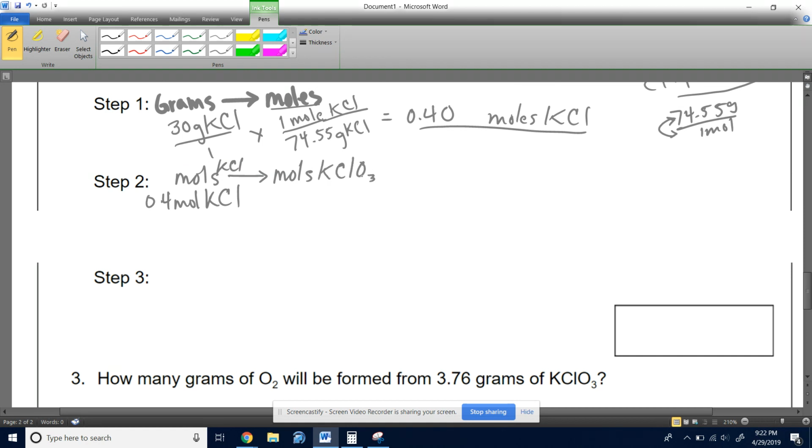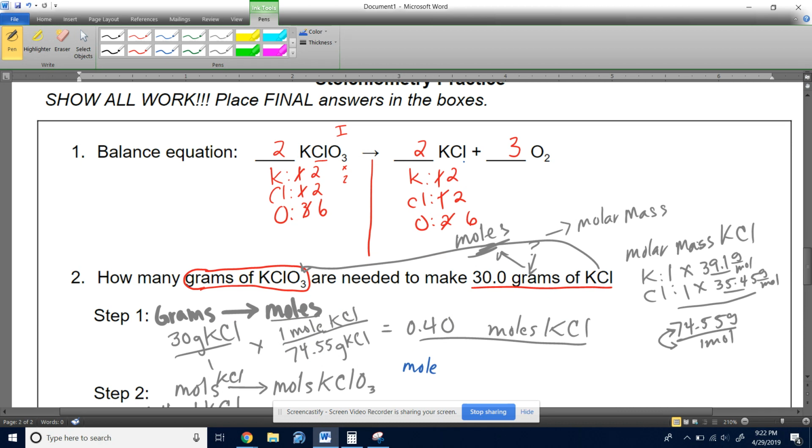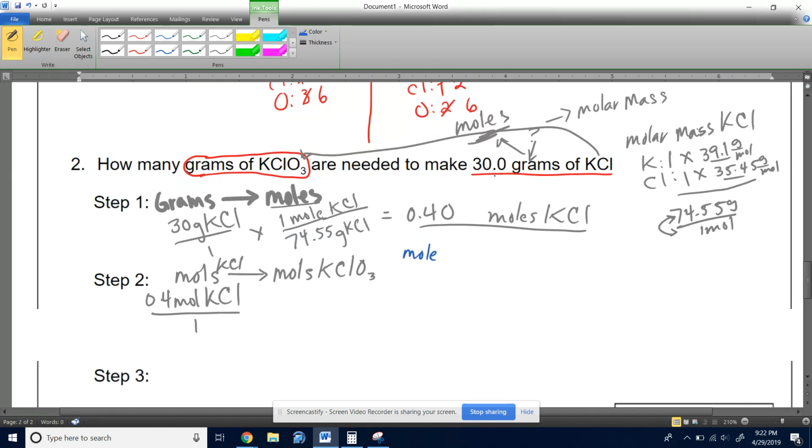That's what we want to do next. So in order for us to do that, we have to now find our mole ratio. Okay, so now we have to find the mole ratio between KCl and KClO3.